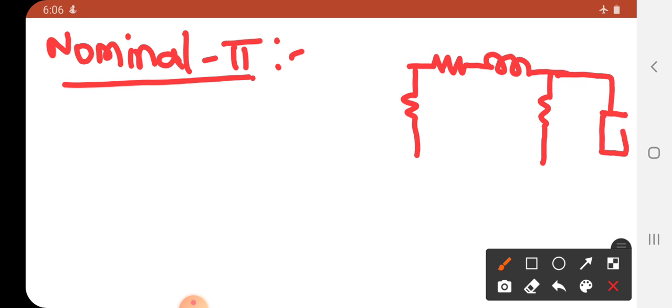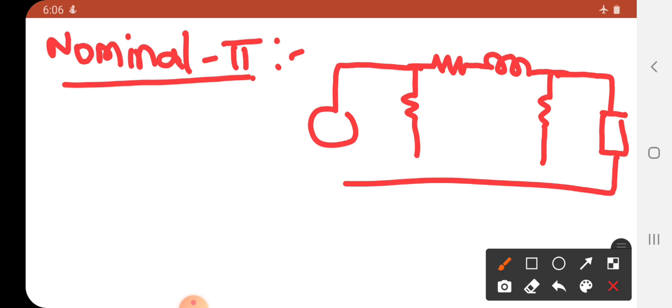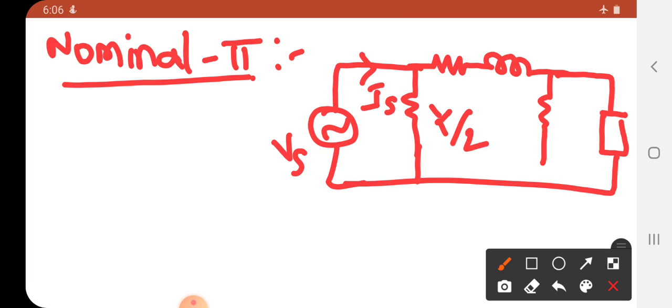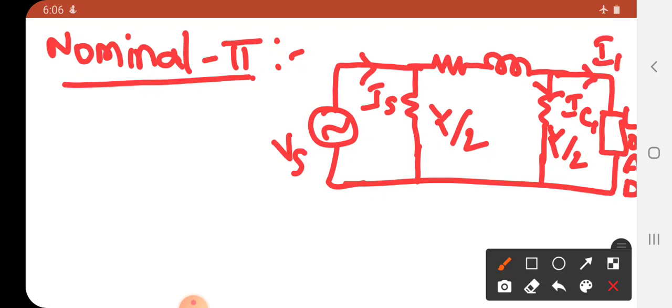This is the receiving end. Let us assume Vs, Is. Here let it be y by 2 and here also y by 2. This is the load. This is IC1, IR, IC2.